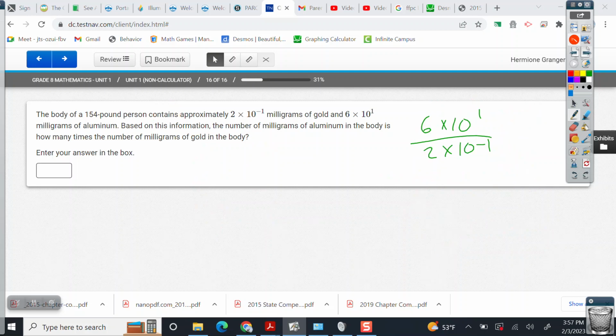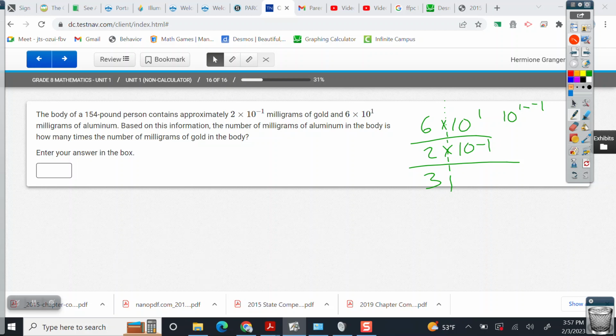All right, so I'm going to divide this into two problems. 6 divided by 2 is 3. Well, that's easy enough. But here we have 10 to the first divided by 10 to the negative first. So what am I going to do? I'm going to subtract these. So I have 10 to the 1 minus negative 1. 1 minus negative 1 is 2. Not 0, it's 2.